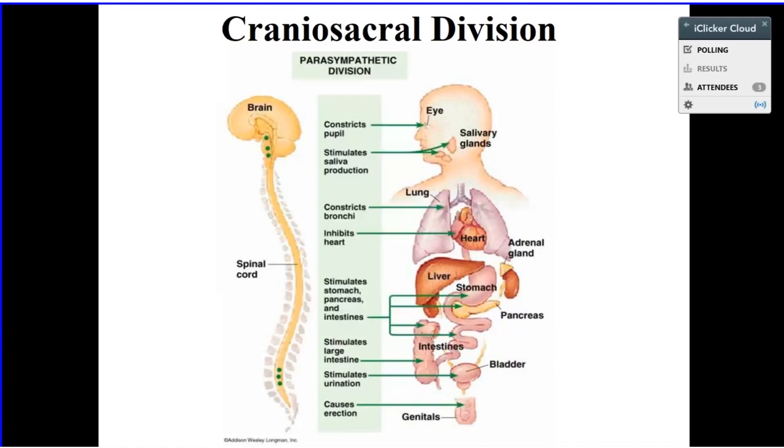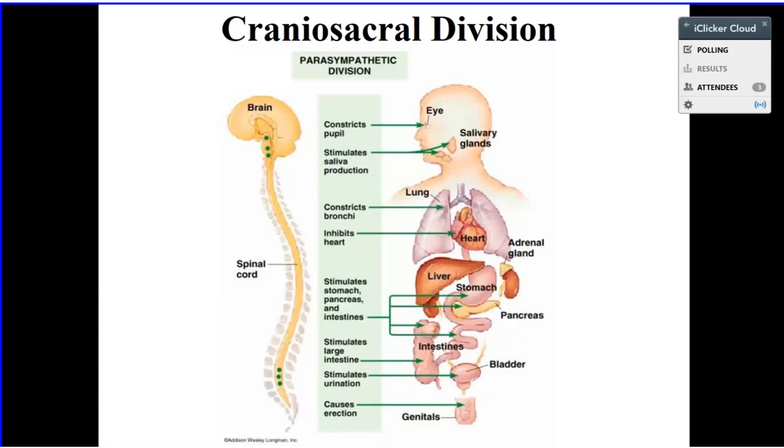Because of where that first neuron exits, we also refer to the parasympathetic division as the craniosacral division. Cranial refers to what? Head. Yeah, so that's where the brain is. And sacral refers to between the hips, so basically lower spinal cord.